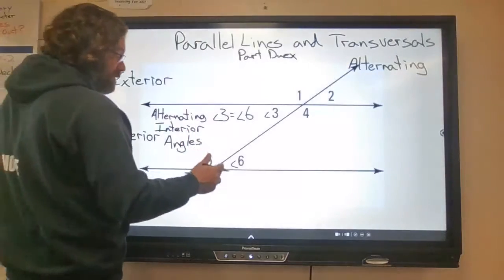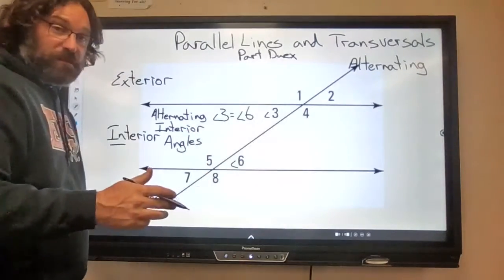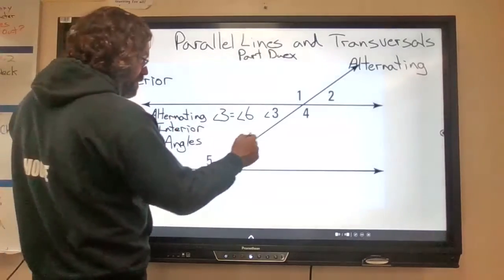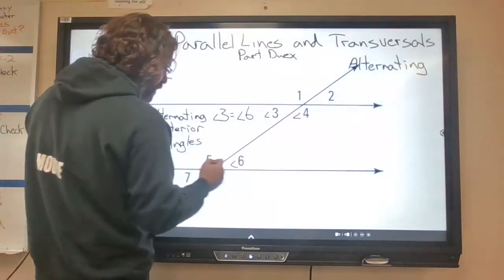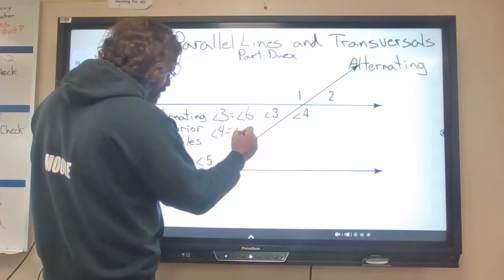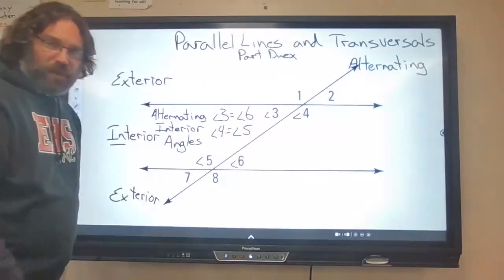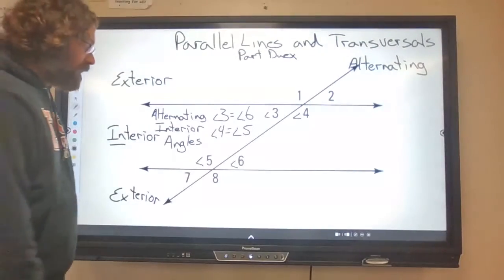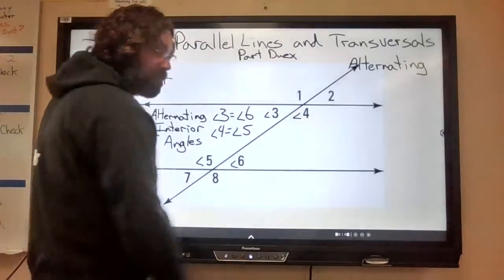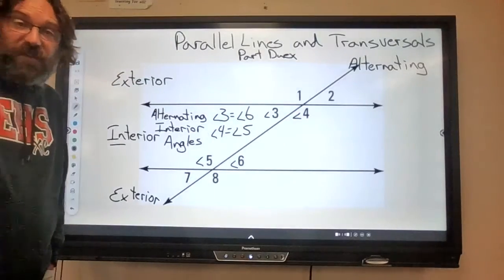If you think back to the video before, those were both 35-degree angles. Now, it also tells us, by alternating interior angles, that angle 4 and angle 5 are equal to one another. And remember, on the previous video, we measured them out. Those are both 145 degrees.